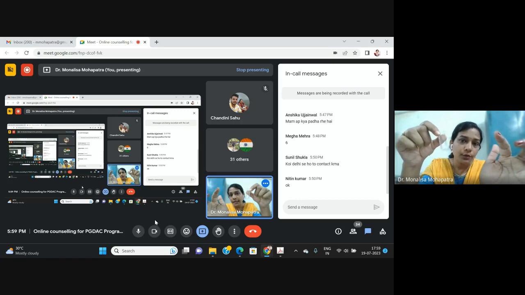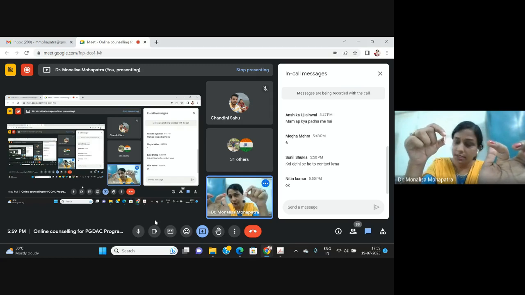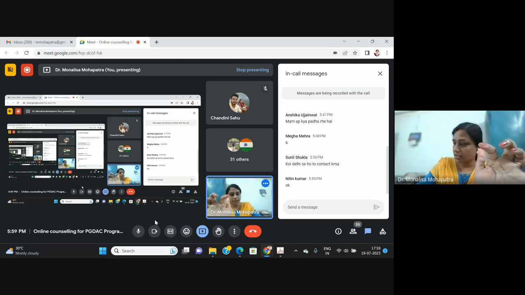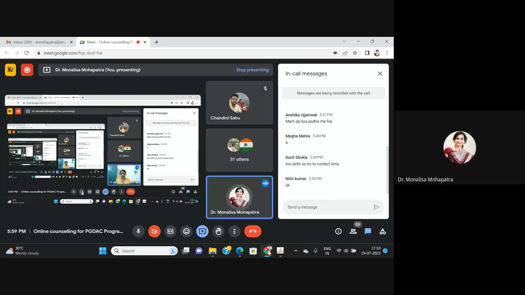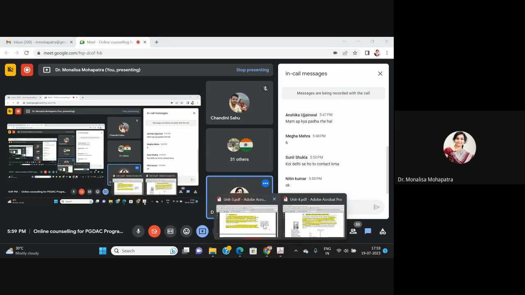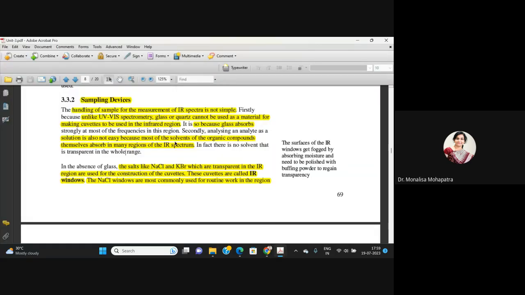But your sampling method for IR spectroscopy is very different. Handling of a sample for measurement of IR spectra is not that simple.